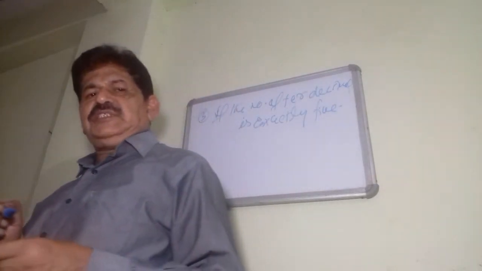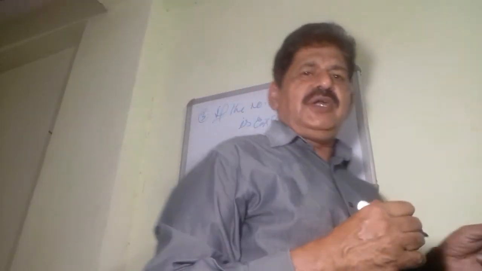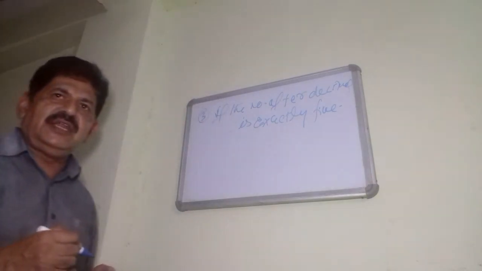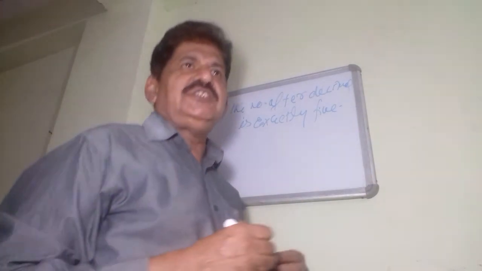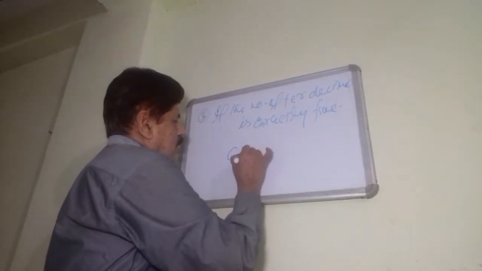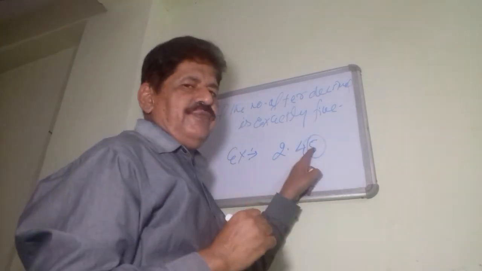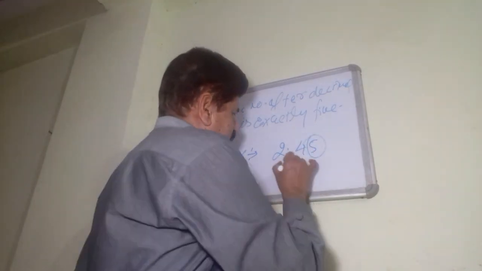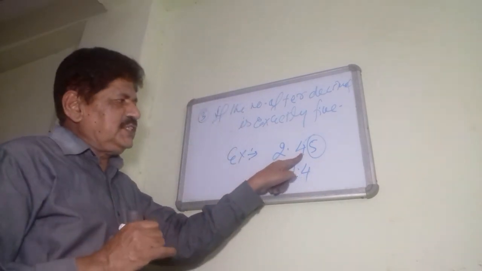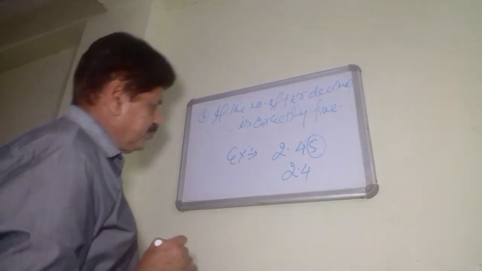If the preceding number is even, then the 5 is dropped and the preceding number does not change. And if the preceding number is odd, then the 5 is dropped and the preceding number is raised by 1. For example, 2.45, here it is exactly 5. The preceding number is even, so no change. After round off it becomes 2.4.